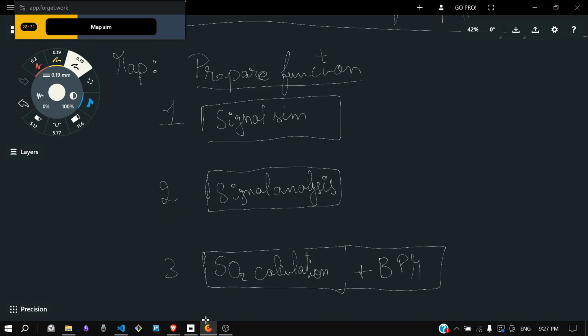So here, this just means the signal simulation is what my device outputs into my computer. So we do a simulation of the output, the input in the program.